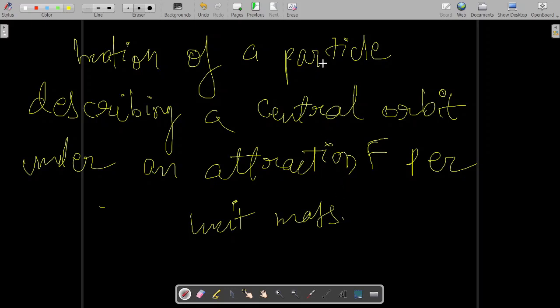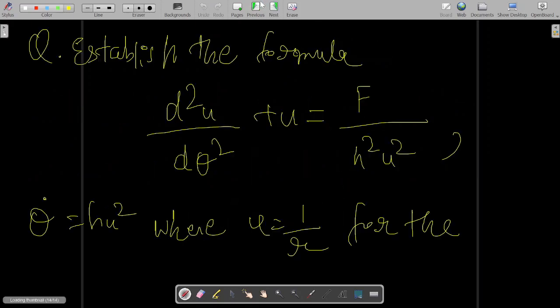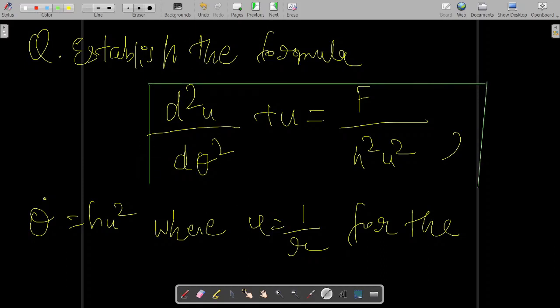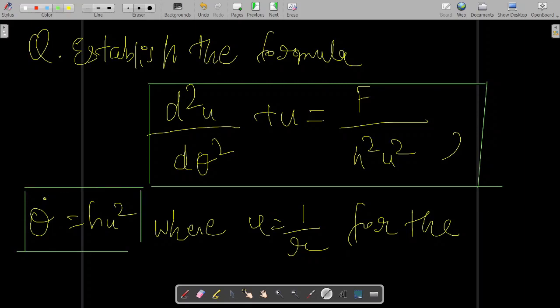So we will do this question now. What does the question say? You have to establish this particular formula, where the value of theta dot has also been given to you. Where u is your 1 by r, which you already know by definition.